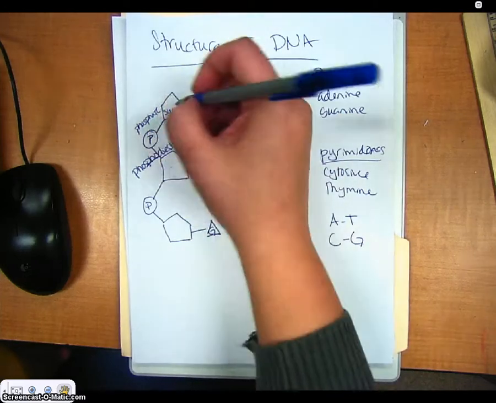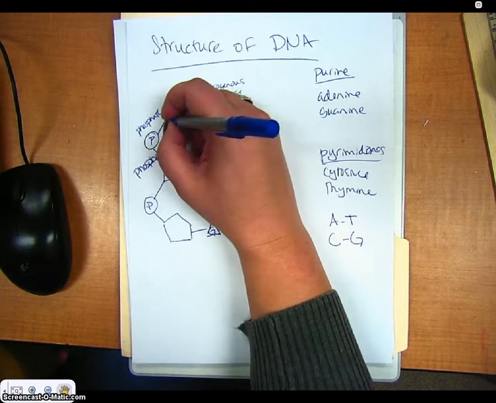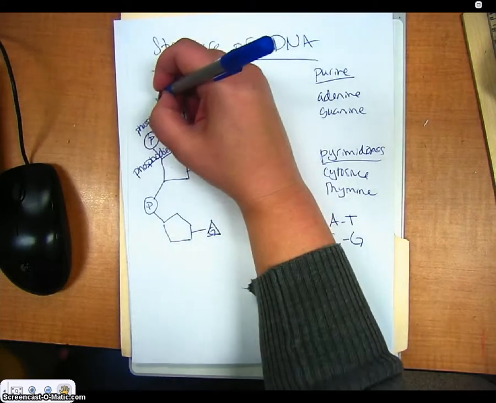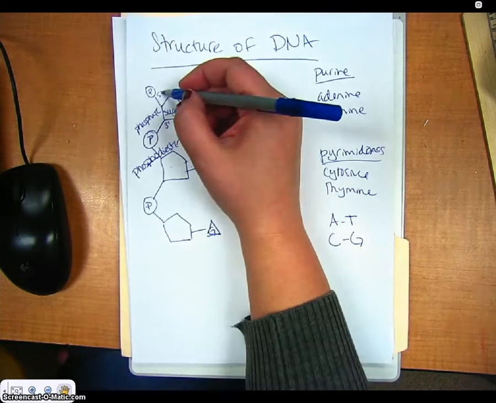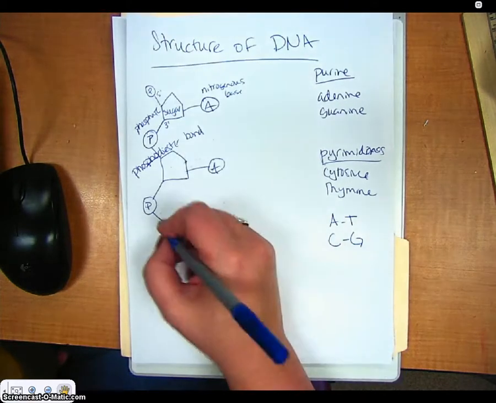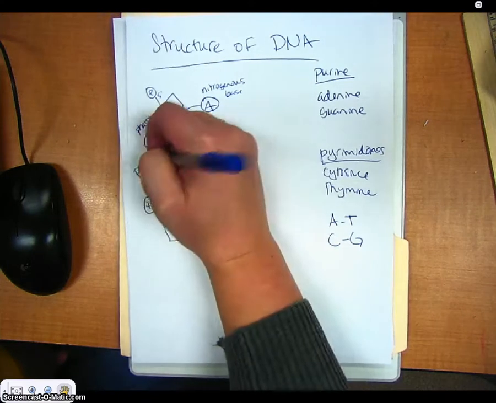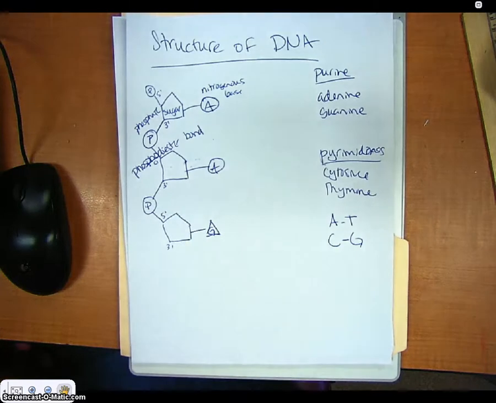In this case, you have the 3' carbon right here, and the 5' carbon being here. So the direction of this DNA is 5' to 3'. So this is the 5', this is the 3', this is the 5'. You can see the 5' is on the top and the 3' is on the bottom. So that is the direction of that side of the DNA.